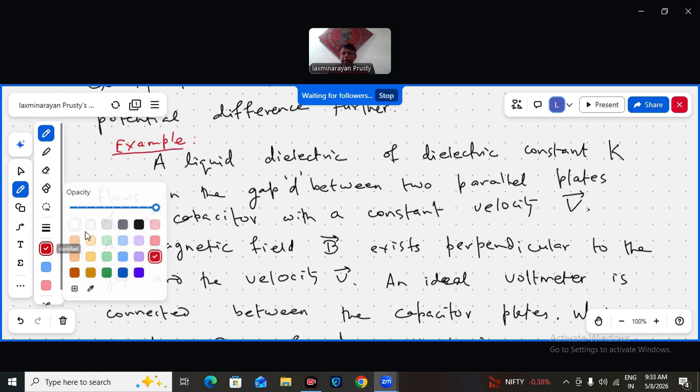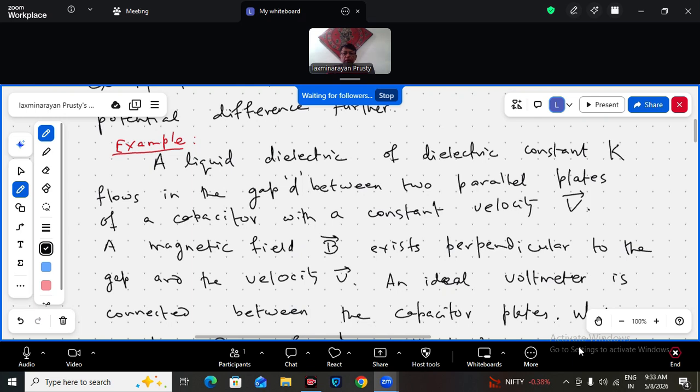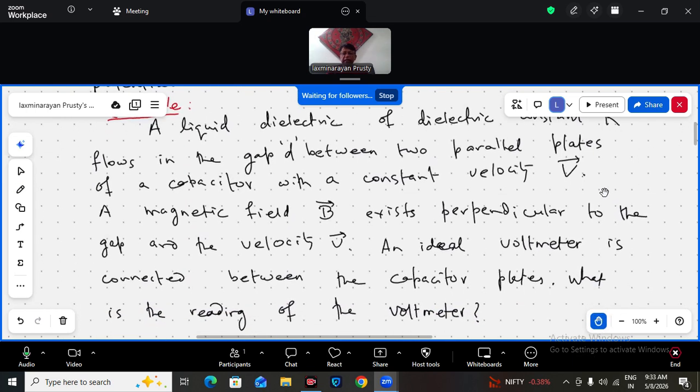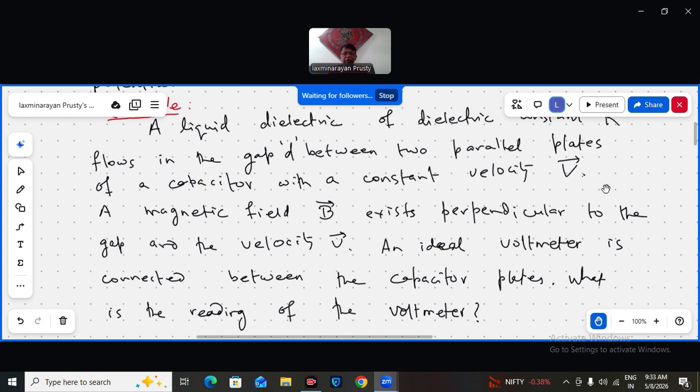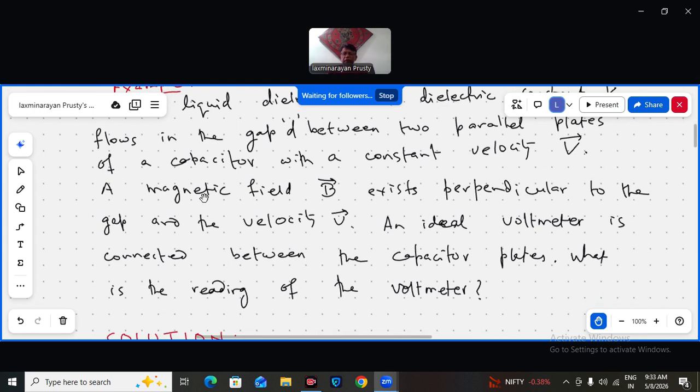A liquid dielectric of dielectric constant K flows in the gap d between the two parallel plates of a capacitor with a constant velocity v bar. A magnetic field B bar exists perpendicular to the gap and the velocity.